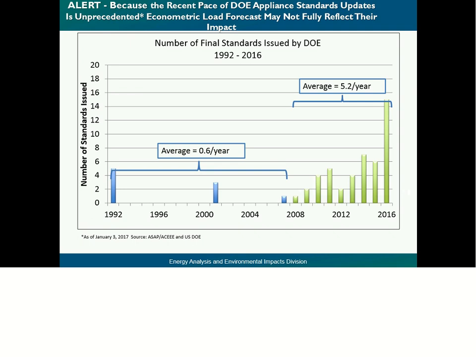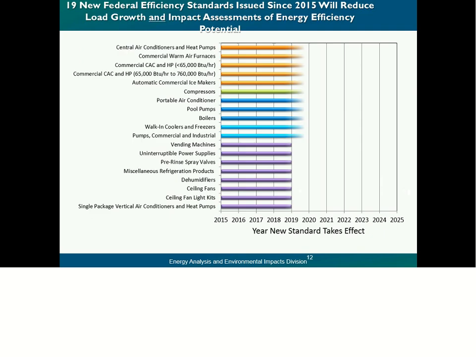It's too recent because those things don't occur until later in the future. Your econometric load forecast will not know that those are going to happen, and so you will have a systematic overstatement of future loads. You need to recognize that in your load forecast.